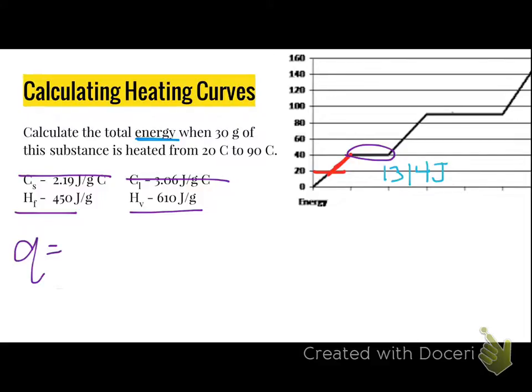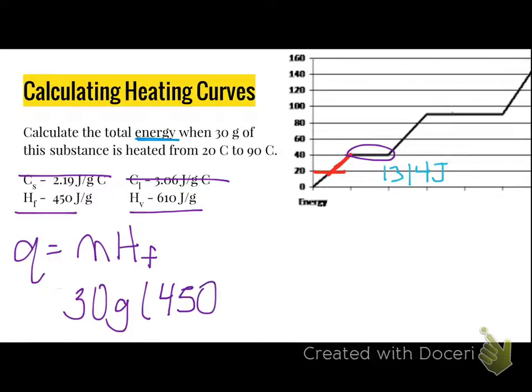So Q equals my mass times my heat of fusion. So my mass is 30 grams. My heat of fusion is 450 joules per gram.